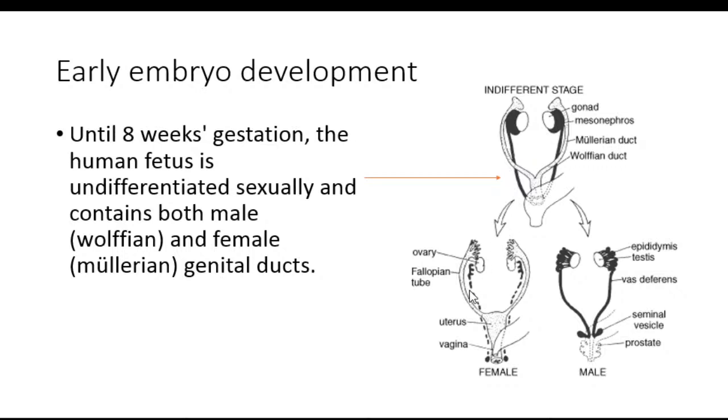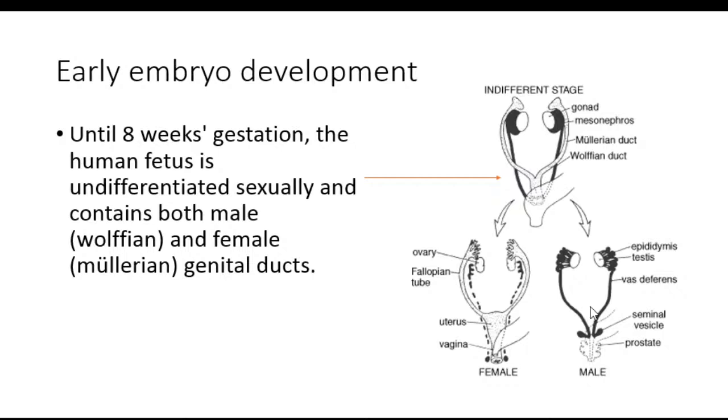Since the 8th, 9th week of gestation, if the fetus is female, degeneration of the Wolffian tract starts and genital organs permute to the female type, and vice versa.